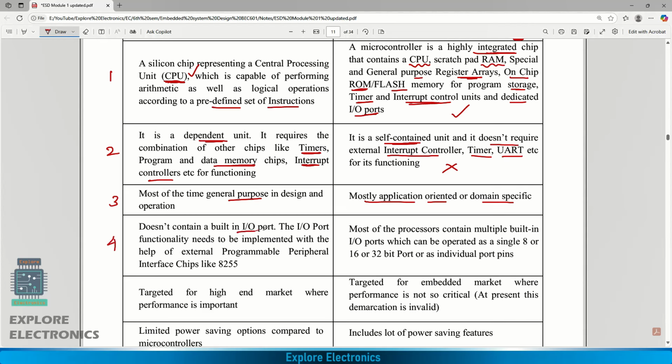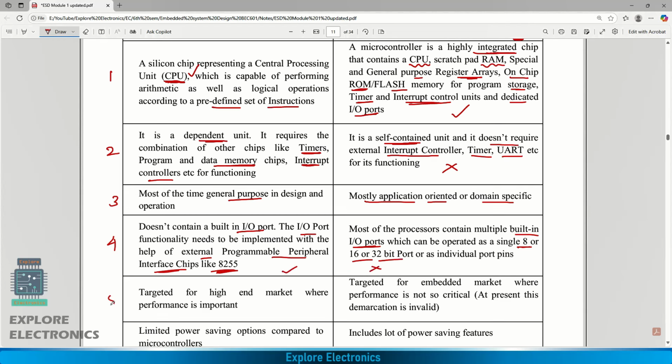Then it doesn't contain built-in I/O ports. I/O port functionality needs to be implemented with external programmable peripheral chips like the 8255. But in a microcontroller, we will have multiple built-in ports. 8-bit, 16-bit or 32-bit ports will be available, so extra interfacing chips are not required here.